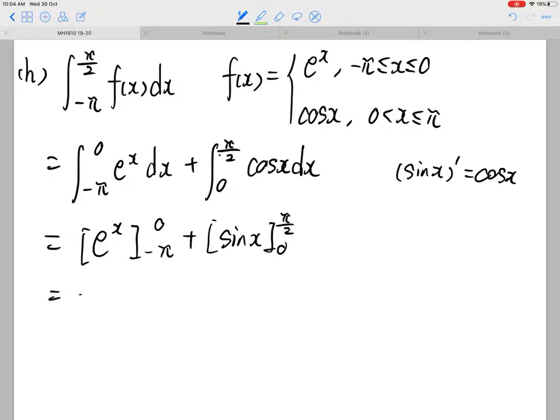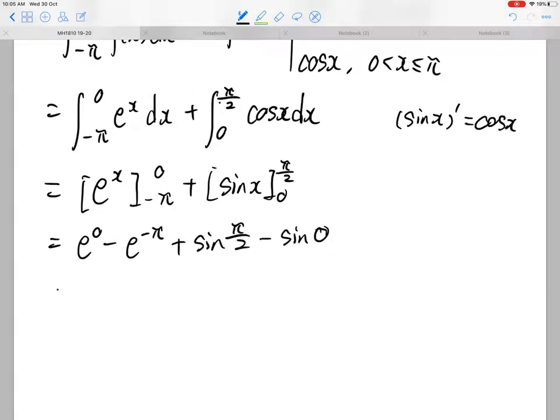Here it's e to the power of 0 minus e to the power of negative pi plus sine half pi minus sine 0. This part is 1 minus e to the power of negative pi plus 1 minus 0. So it's 2 minus e to the power of negative pi.